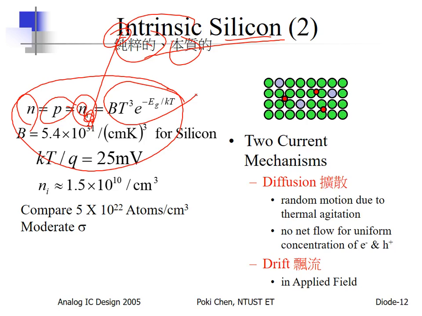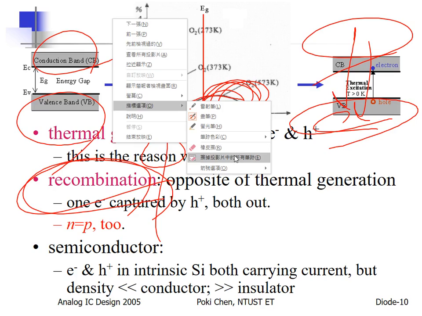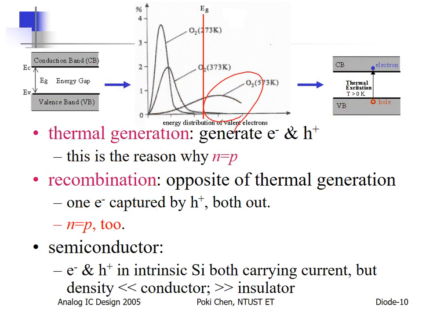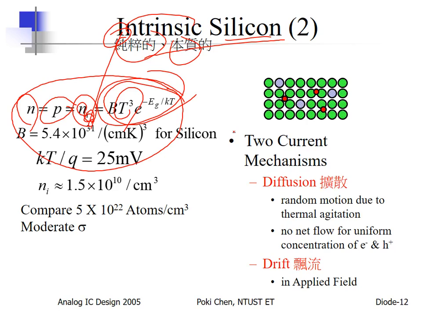According to quantum physics, solid state physics, you will know how to derive it, but it's not my business. I would like to tell you only that they are strongly dependent on temperature. Good enough. If you go back to this, you will know that the higher the temperature, the more free electrons will be generated. That's it. And we can go further.